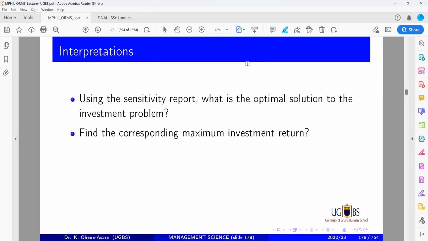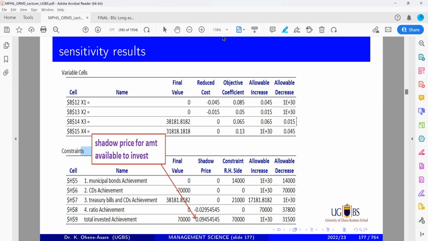Find the corresponding maximum investment return. So after you found the optimal solution, that is how much to invest in each, what is the corresponding maximum investment return using the story here? Kwesi? Yes, sir.